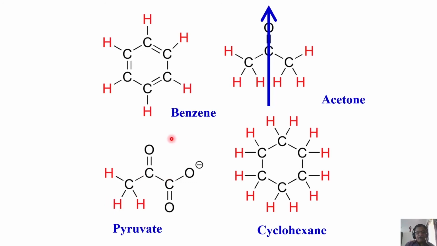But if you look at the carbons of this molecule, because there is no symmetry at all, this molecule lacks any type of symmetry. Of course, planar symmetry may be there, but because of that, this carbon, this carbon, and this carbon, all the 3 carbons are chemically non-equivalent. As a consequence, in carbon 13 NMR, you get 3 peaks. But in the proton NMR, you get only 1 peak.